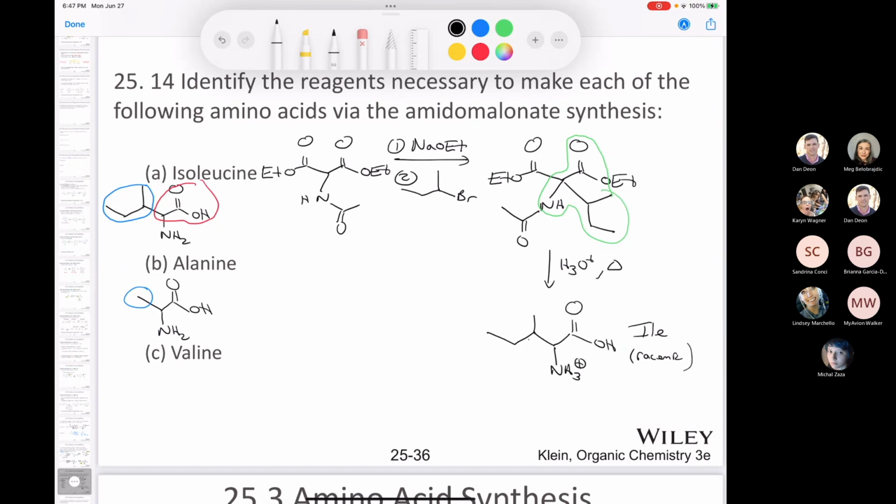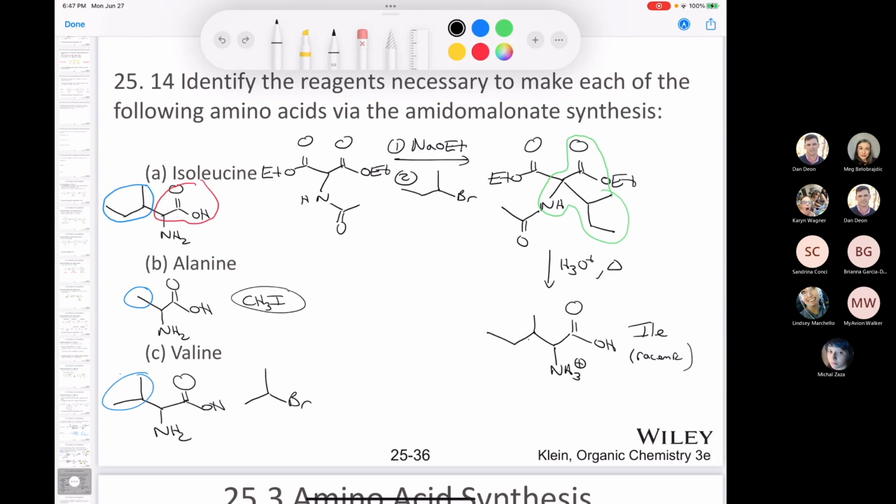So your electrophile would just be CH3I. And for valine, it's an isopropyl. So it would look like this. This is valine. So you would need isopropyl iodide. You could use isopropyl bromide, doesn't matter. But that's what your electrophile would be. That's the only thing that would change. Everything else would be the exact same.